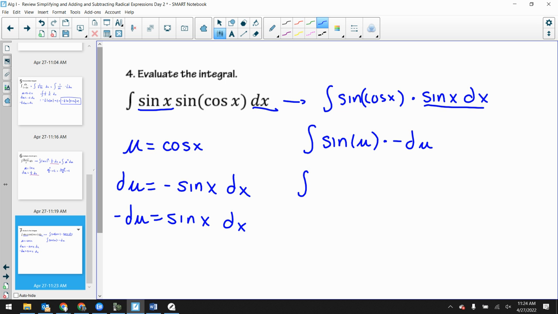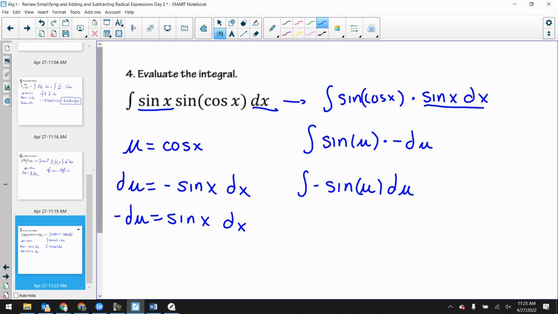So in other words, negative sine u du. I don't really need those parentheses, but whatever. And I think in the key it has a positive sine u du. All right, now, yeah, it does. I'm looking at it right there.